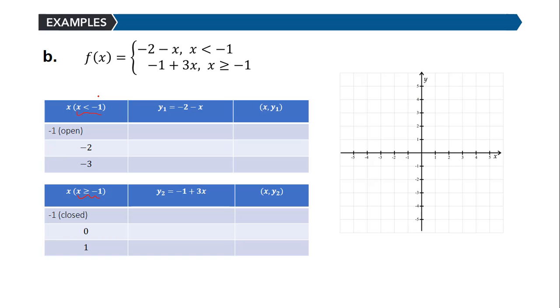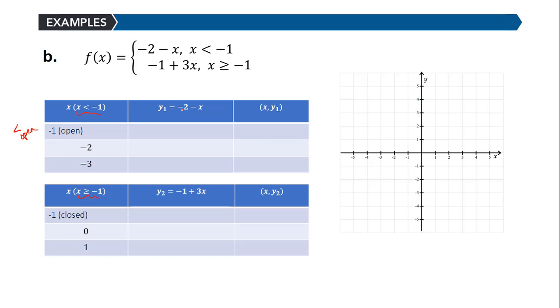Because there are infinitely many values less than negative 1 that are between negative 2 and negative 1. So I still have to put negative 1, but it has to be an open circle because of that strict less than. And then my other values need to be selected by choosing something that's less than negative 1. So negative 2 and negative 3, right to the left of negative 1.